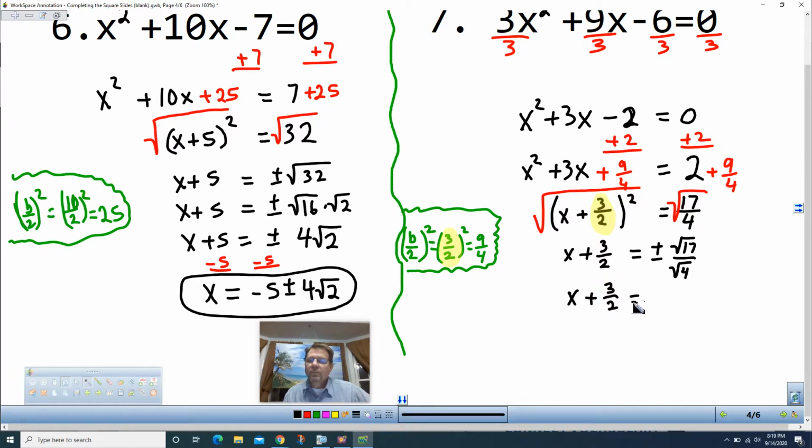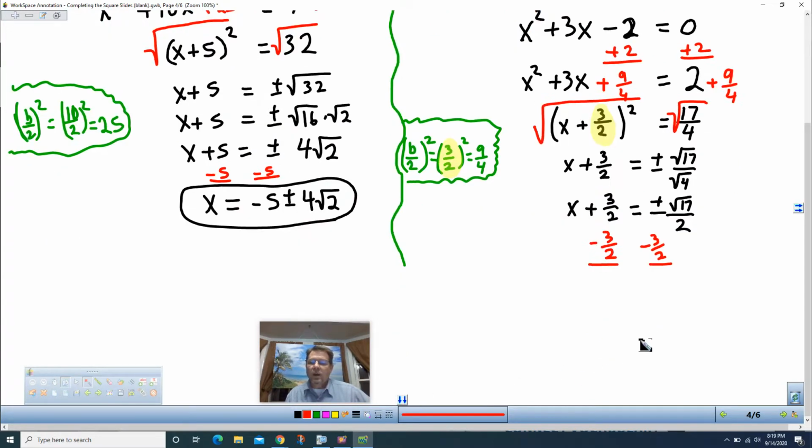3 over 2 equals plus or minus the square root of 17 over 2. So now we don't have to rationalize the denominator, which is good news. We're almost there, folks. We are quickly coming to the end of our completing the square ride. So x equals negative 3 over 2 plus or minus the square root of 17 over 2.